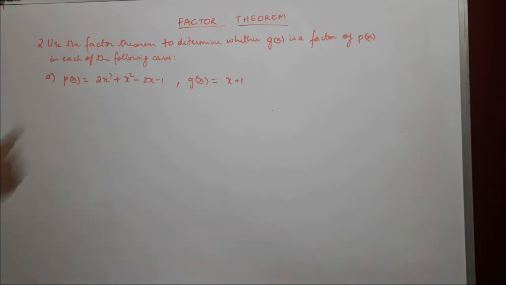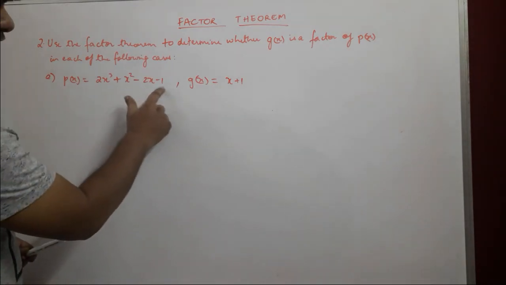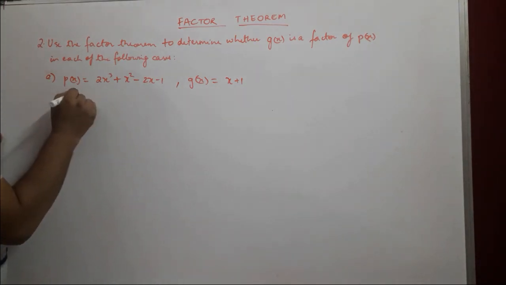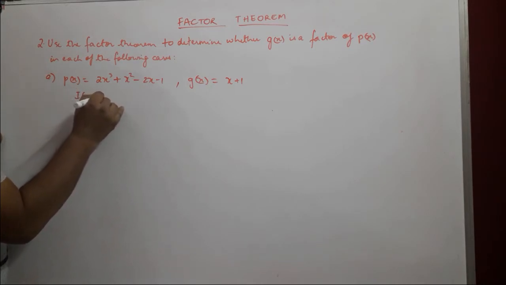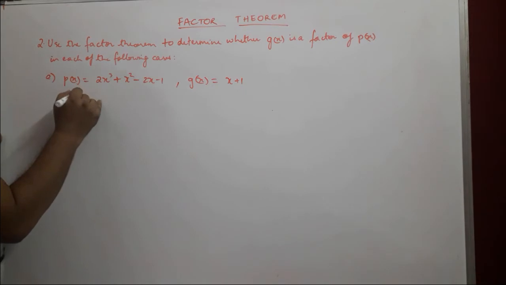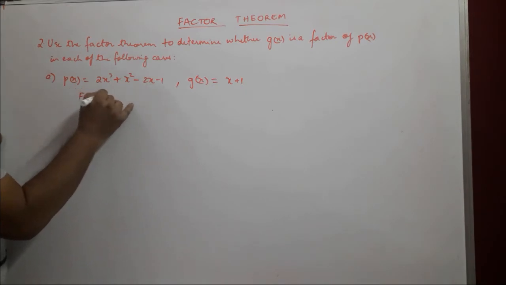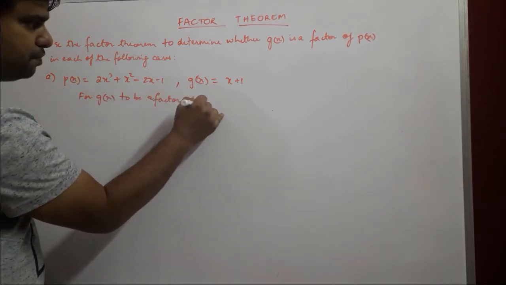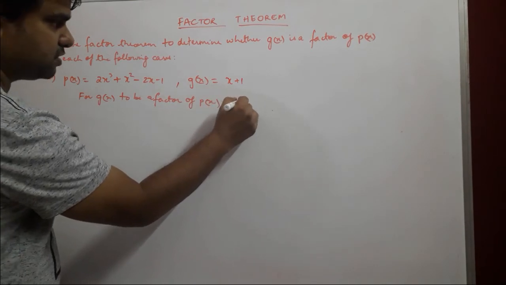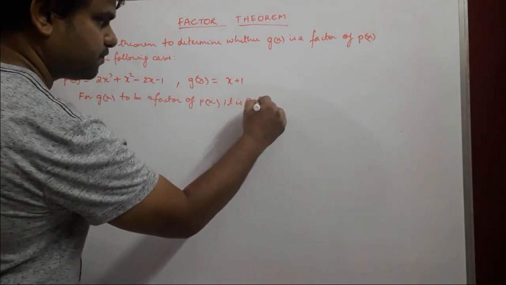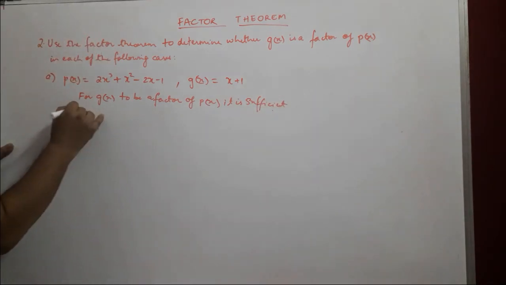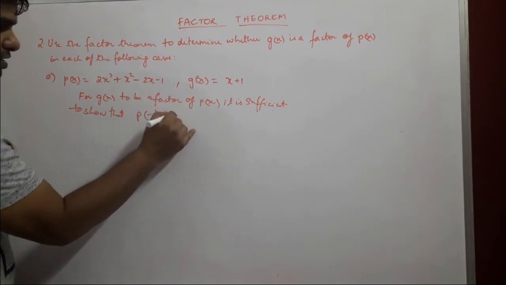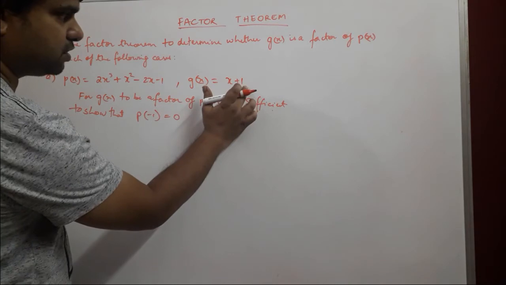First question says p of x is equal to 2x cube plus x square minus 2x minus 1 and g of x is equal to x plus 1. So for g of x to be a factor of p of x, it is sufficient to show that p of minus 1 is equal to 0, because this g of x is equal to x plus 1.